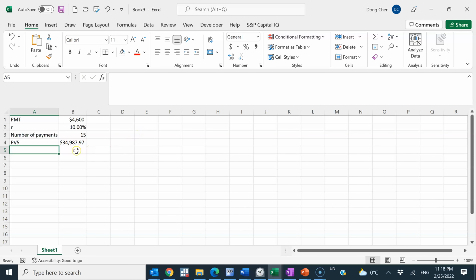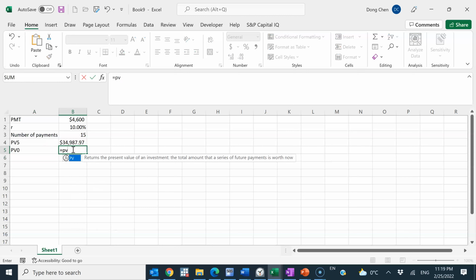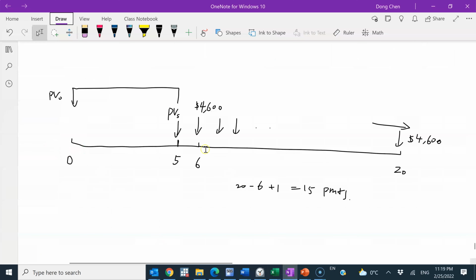Once I do that, don't forget, we're not done yet. We still need to bring this one single cash flow back to the true present to calculate PV0. So we need to use the PV function in Excel again, but we need to be careful. Going back to the chart, we're just trying to discount PV5 back 5 years to the true present, so the number of years needs to be 5.